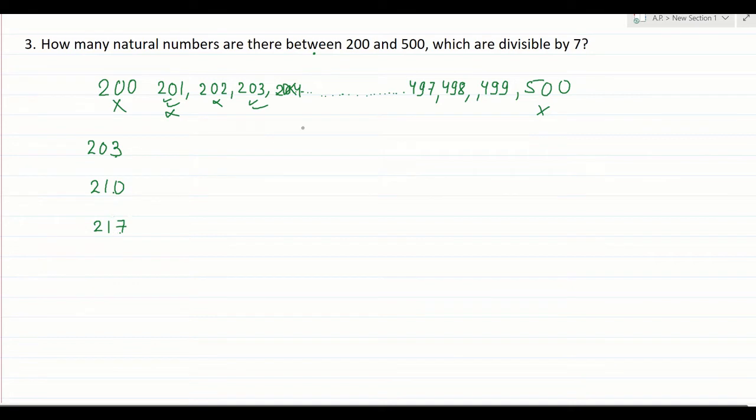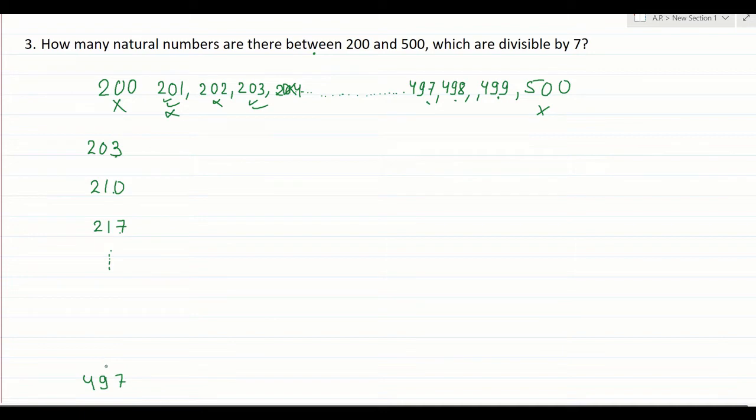Now, if we keep on continuing, we should check till 499. Isn't that? So let's begin from 499, which is at last. Is 499 divisible by 7? No. Is 498 divisible by 7? No. Is 497 divisible by 7? Yes, 497 is divisible by 7. So in this manner, if we keep on going, at last we are going to find out 497.